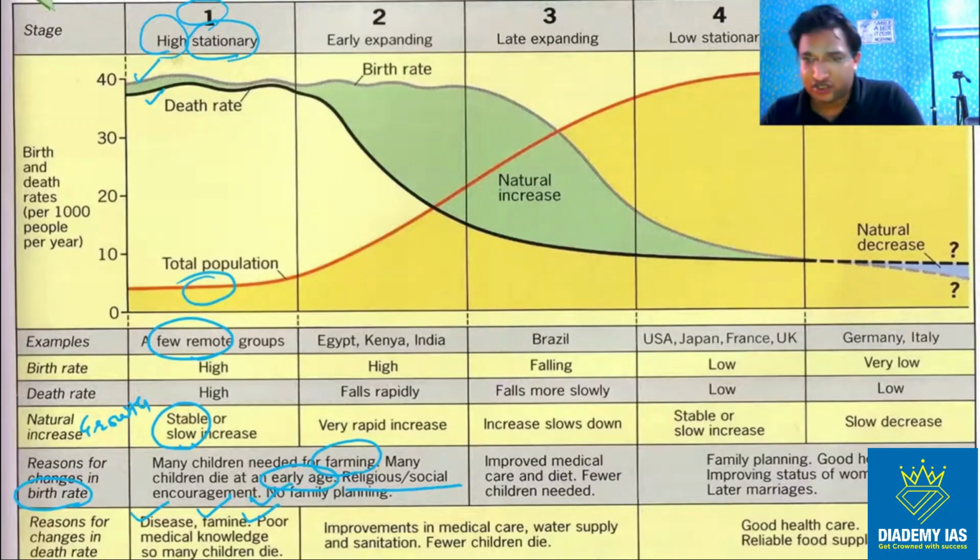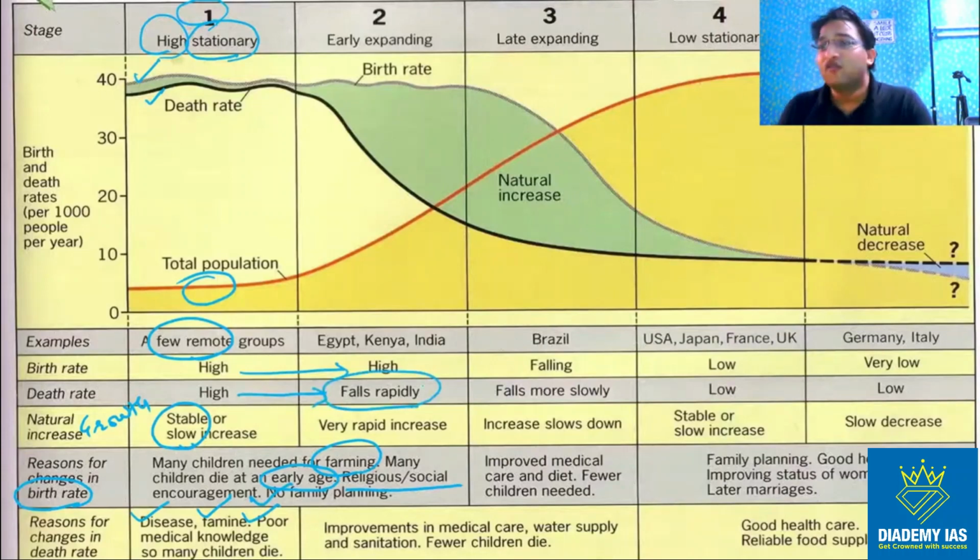In the next stage, as the country grows economically, as the health facilities increase, as economic prosperity grows, as technological improvement takes place, तो उससे क्या होता है? Death rate falls rapidly. ठीक है? So in the second stage, the birth rate remains same, it is high, but death rate falls rapidly.